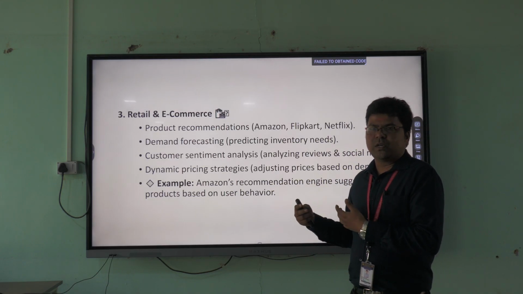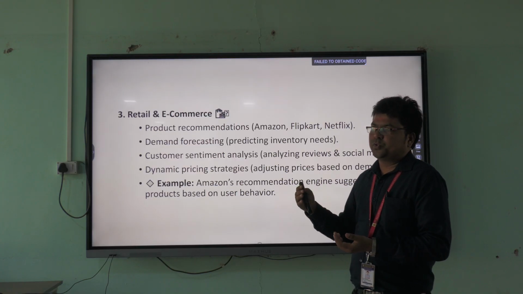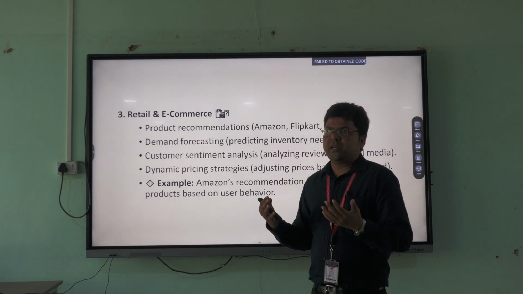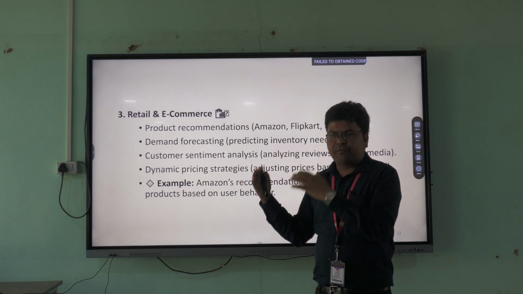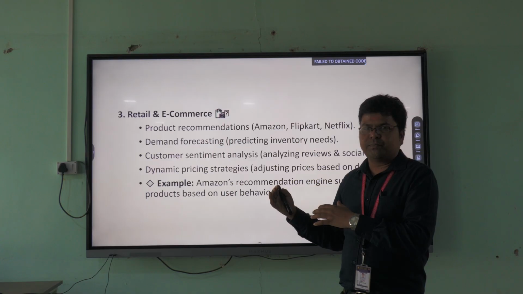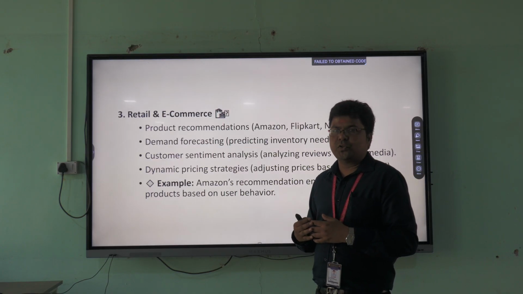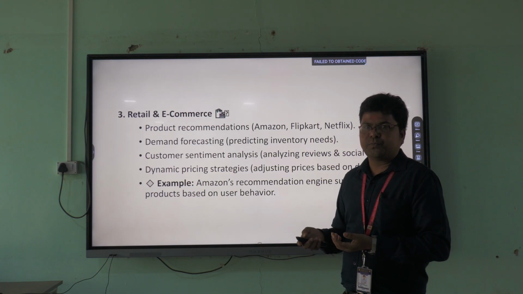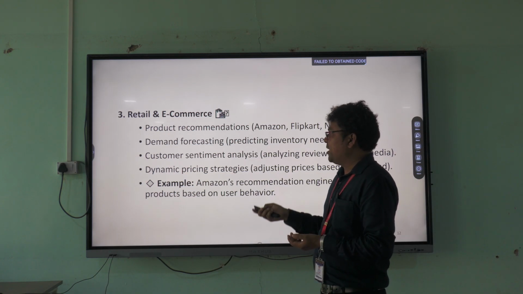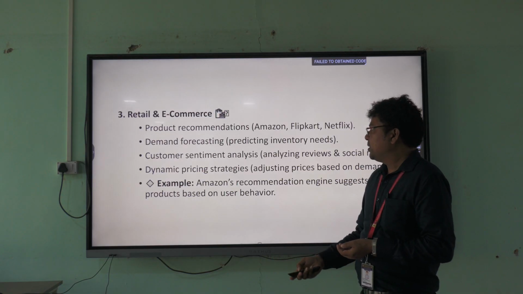This is also one of the areas through which we gather users' data, perform machine learning models on that data, and get insights on user behavior to make product recommendations. So one of the areas is retail and e-commerce.